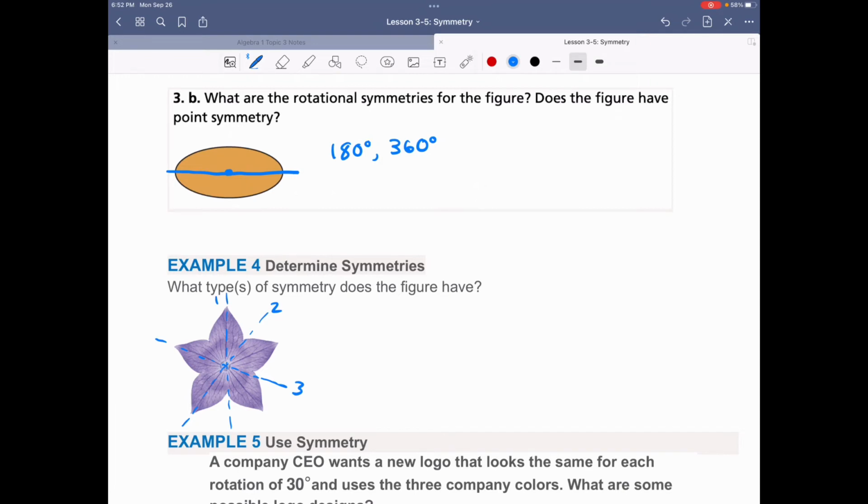So there are, oh, I see some more. You can reflect it over this line for 4th, and this line for a 5th. So it has 5 lines of symmetry.